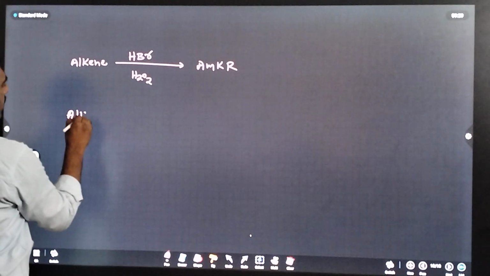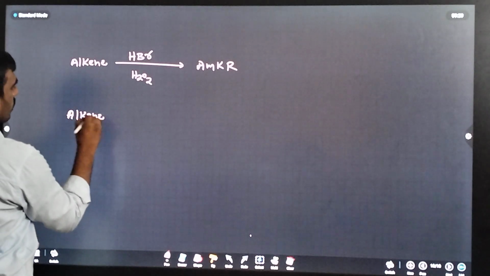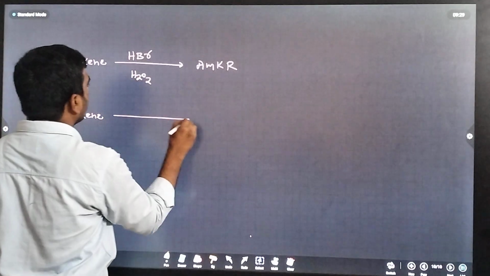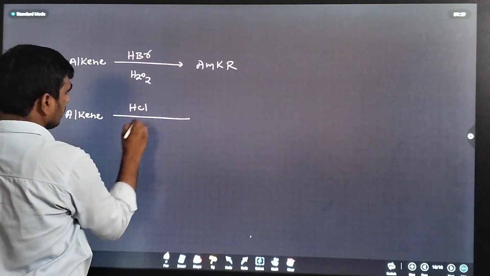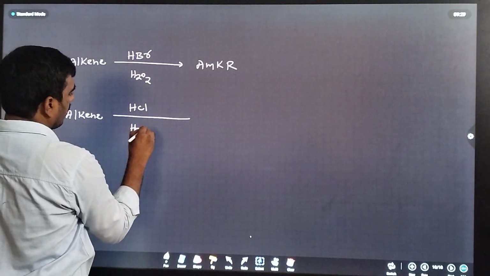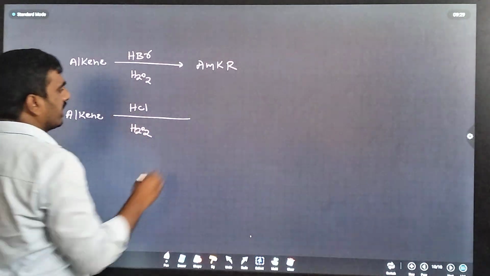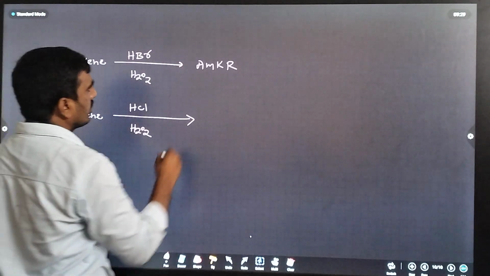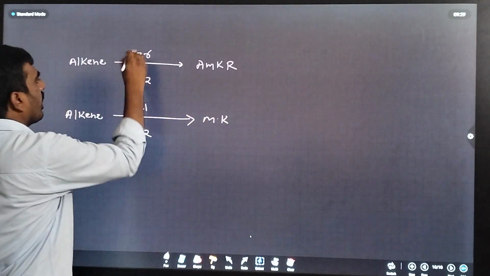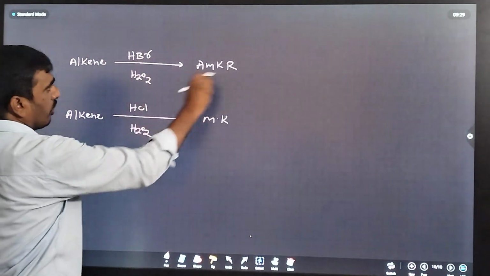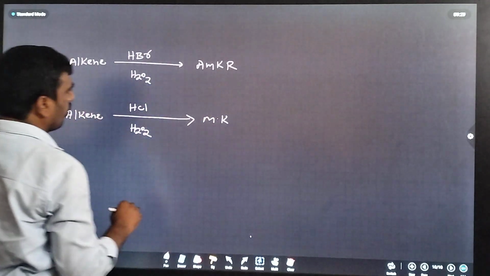Next, an unsymmetrical alkene with HCl and H2O2, hydrogen peroxide, follows the Markovnikov rule. Only HBr with H2O2 follows the anti-Markovnikov rule.